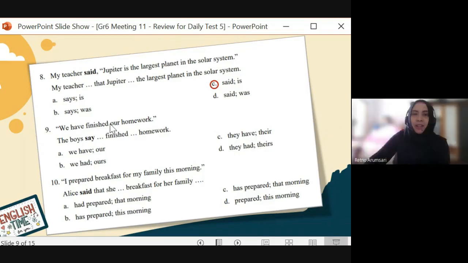And then you change our into their. Yes, you don't change our into theirs, because after theirs you cannot put a noun like this. Theirs homework, that is wrong. This is not the adjective pronoun.